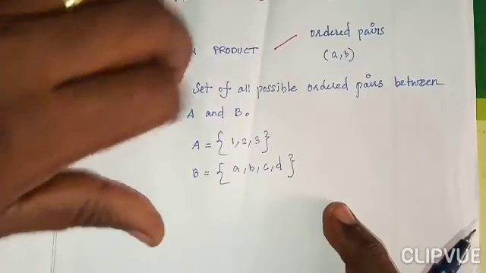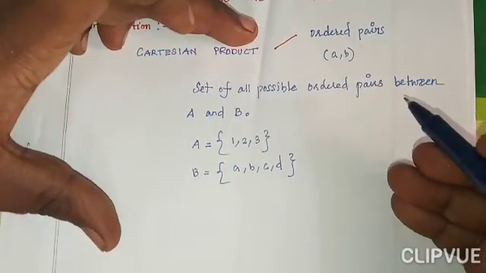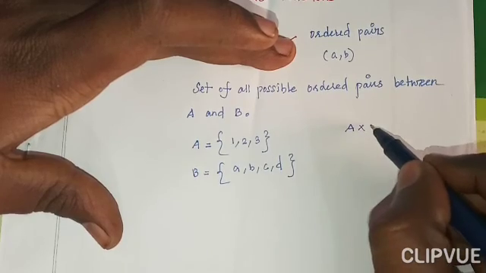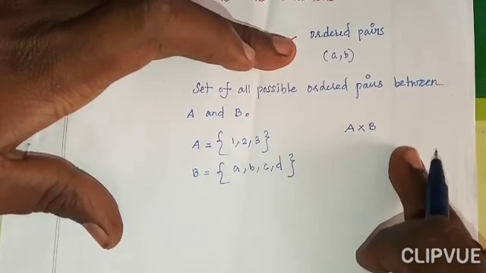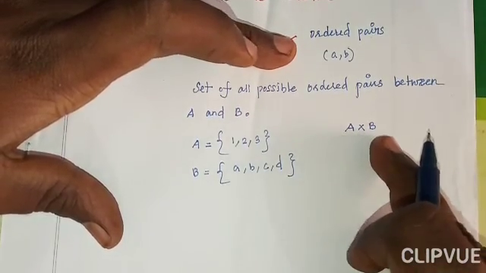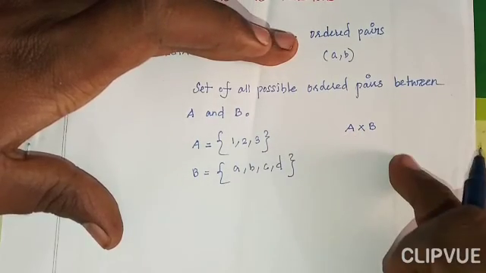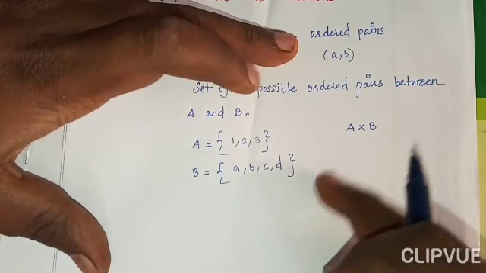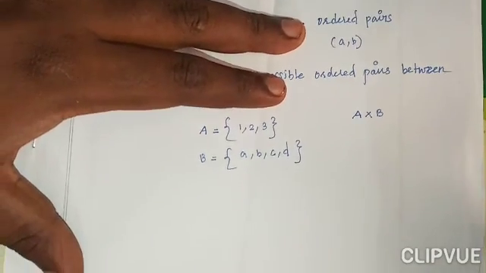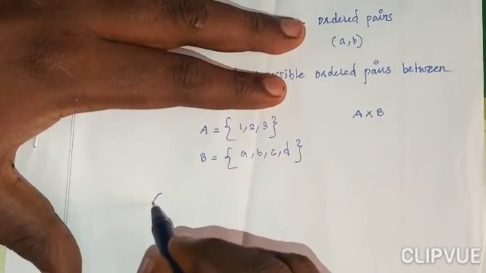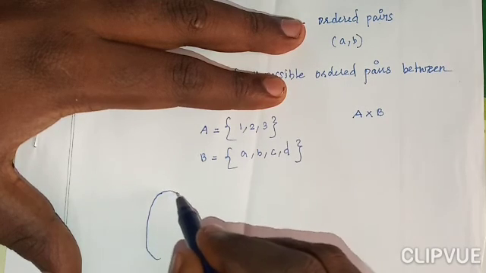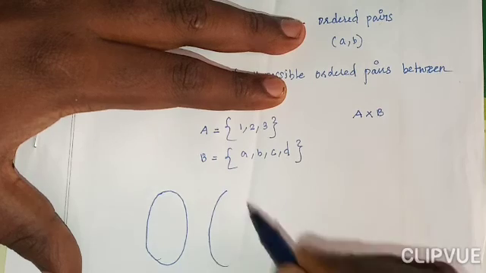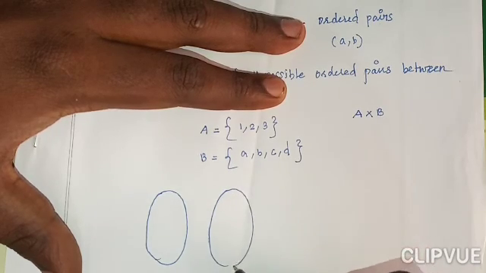Now we are going to find the Cartesian product of A and B, written A cross B. We are going to multiply A and B. For your better understanding, I am going to draw an arrow diagram.